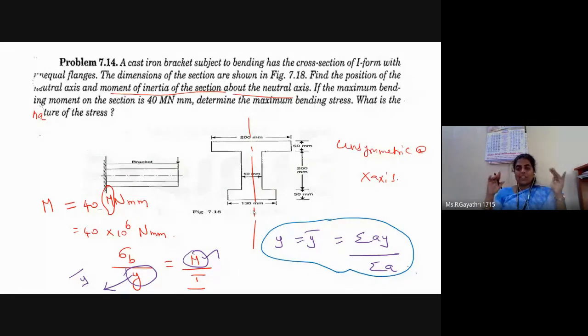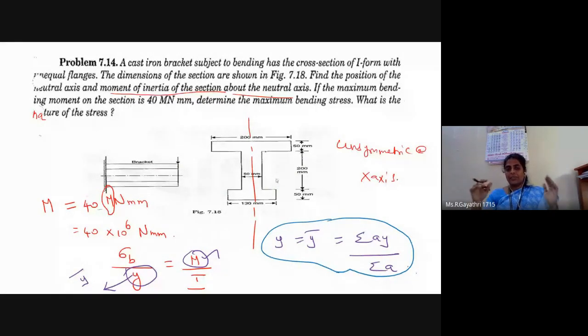Y bar is equal to sigma AY by sigma A. Here y value should be measured always from bottom edge of bottom rectangle. For first section alone, depth by 2 will give us y1 value. From subsequent section, we need to add previous section depth plus half depth of the concerned section.